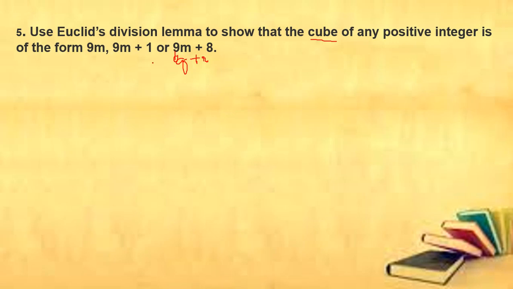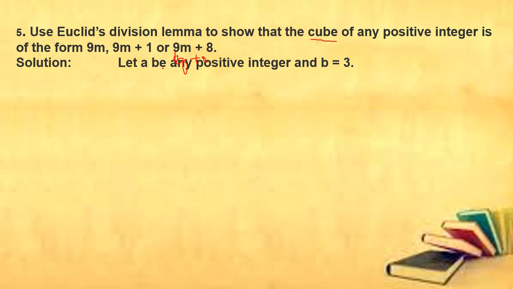Now in place of 9 we can write 3 also, as 3 is the divisor, or we can say 3 into 3 is the factor of 9. So let's start its solution.